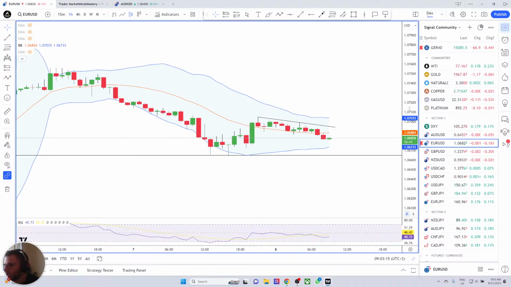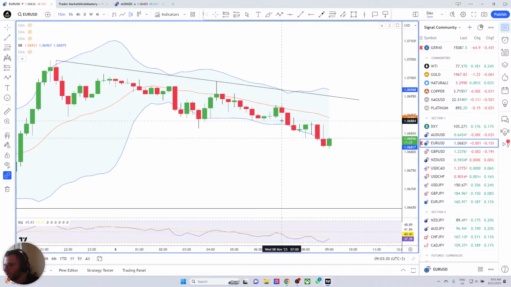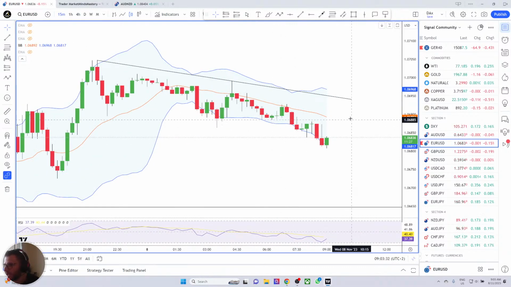On the hourly chart though, at 8 o'clock, price closed a bearish engulfing, and just before we started the live, price closed below there. So I will be looking for some 15-minute correction.